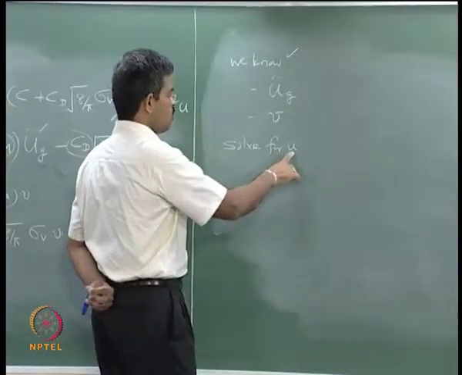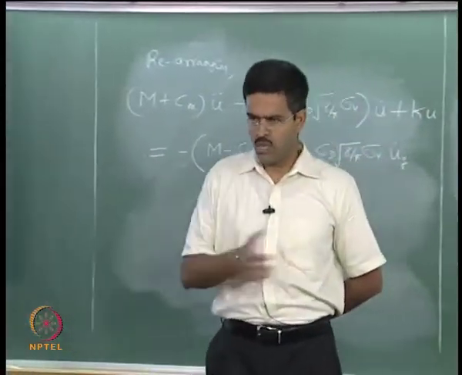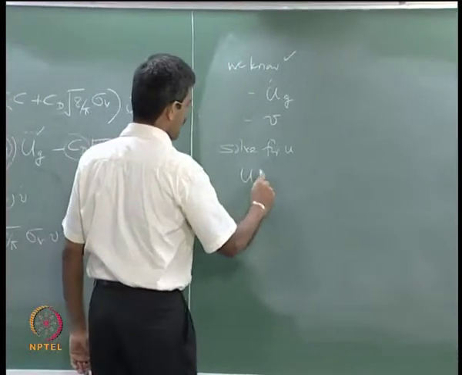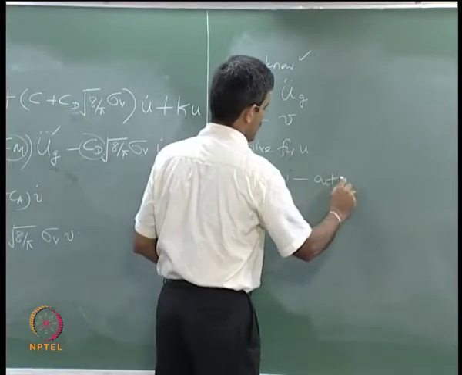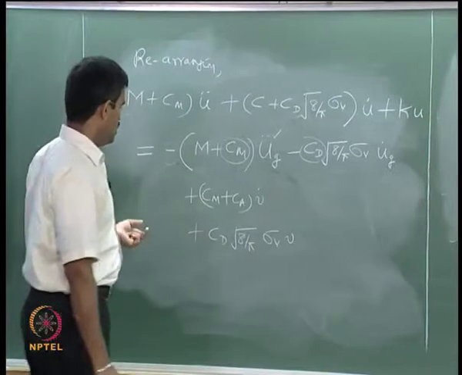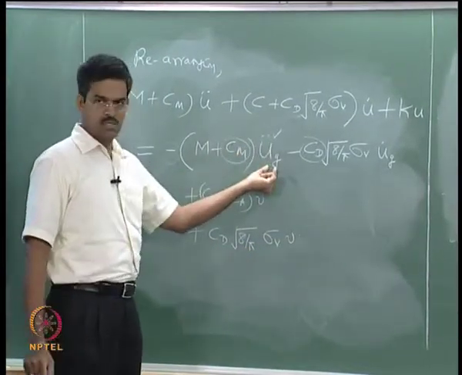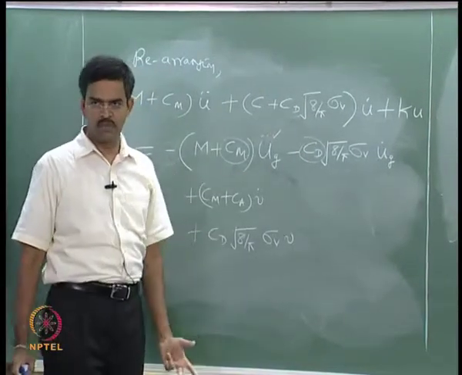Since I am getting the solution for u, we call this the equation of motion, talking about displacements. So, what I will get here will be the displacement time history as the outcome, because the forcing function and everything is time dependent. V is time dependent, and u double dot g, so derivative, is time dependent, so I will get the displacement with time dependency.